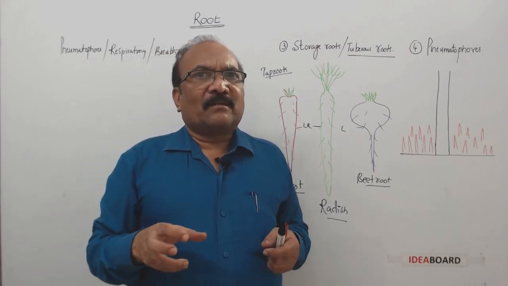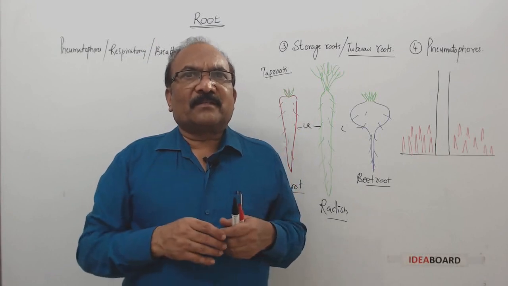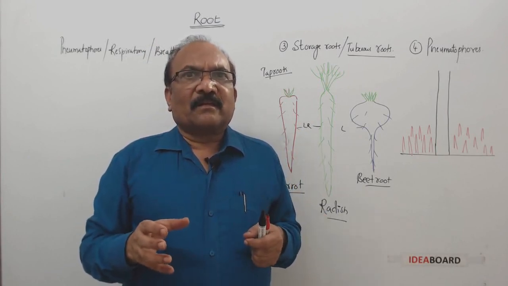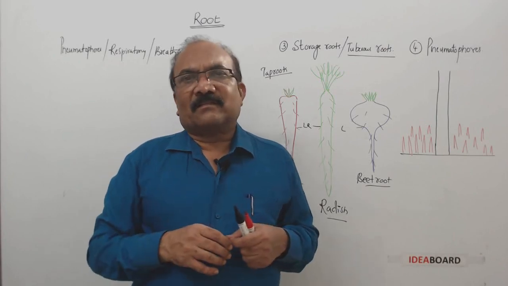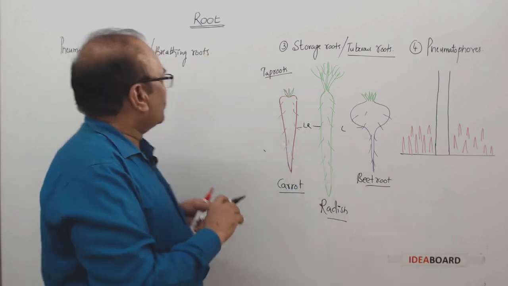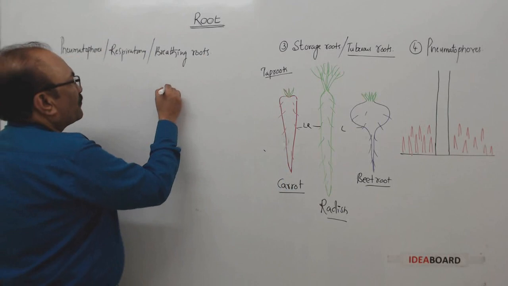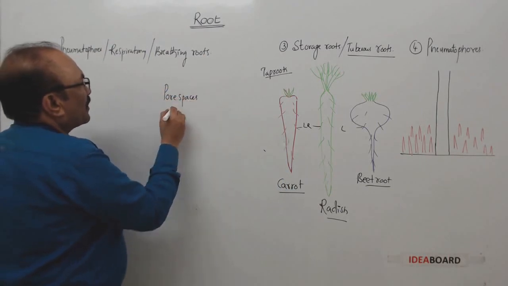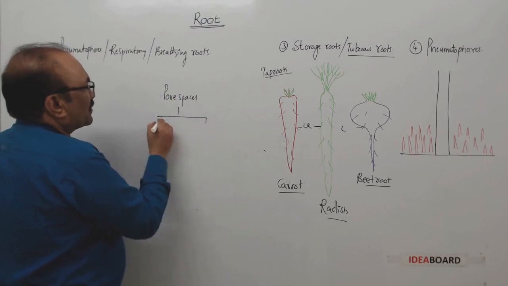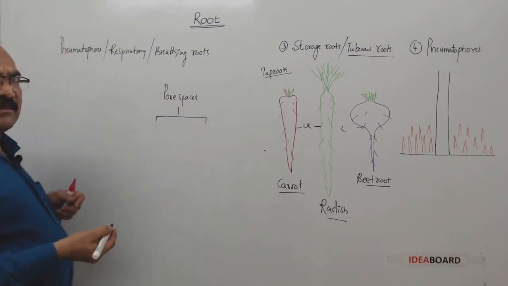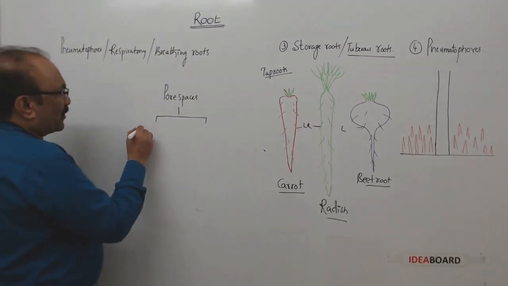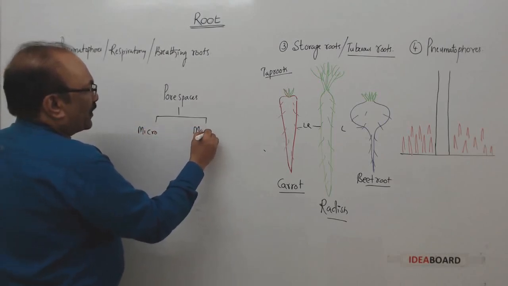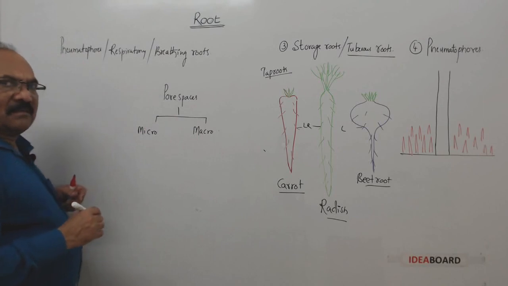The soil will have spaces called interparticular spaces or pore spaces, and these pore spaces are of two sizes: very small ones, called micropore spaces, and the large ones, called macropore spaces.